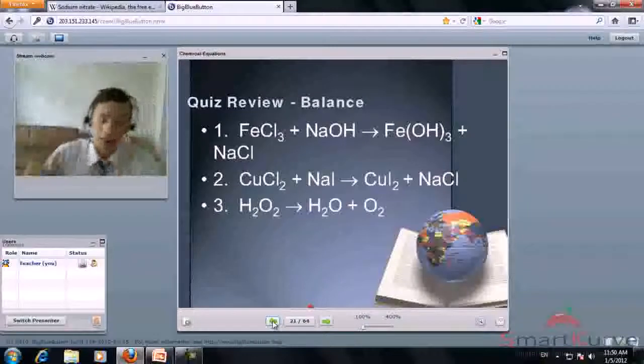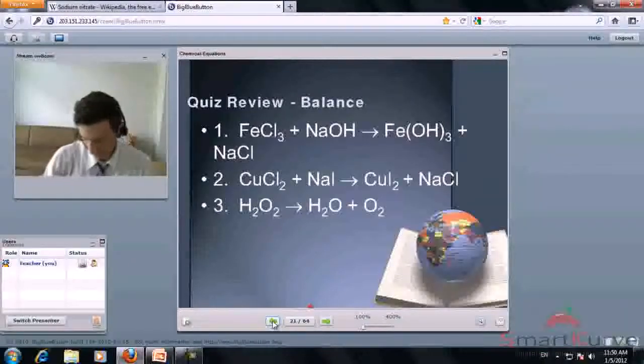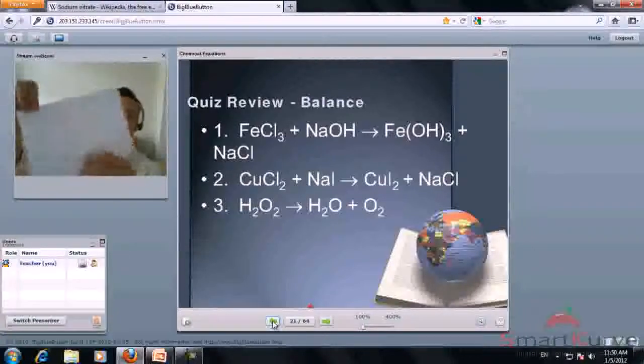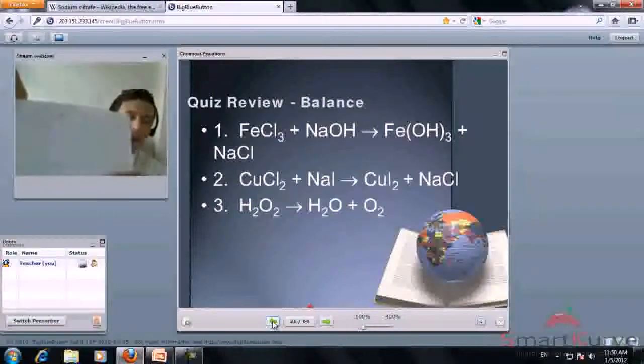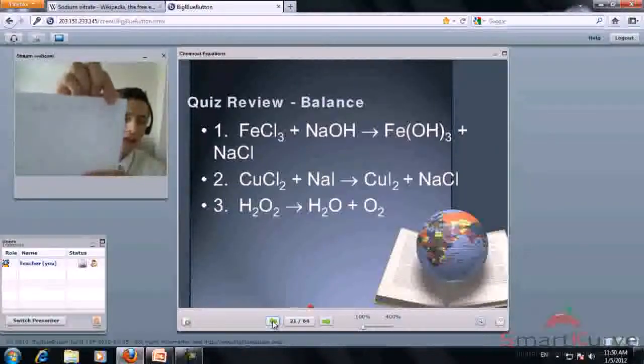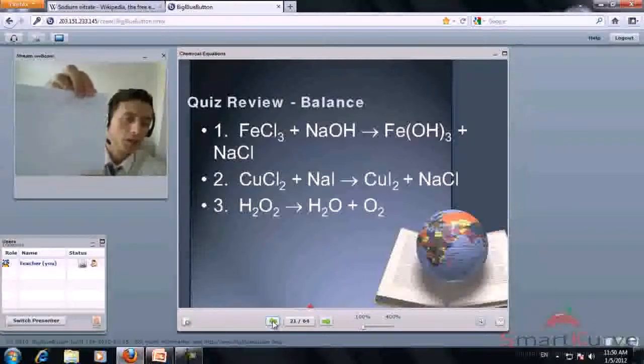So we have to add a coefficient. For 3 in the reactant side, for 3 on the product side, we have to add 3 onto the product side. So we have 3 molecules of sodium chloride.